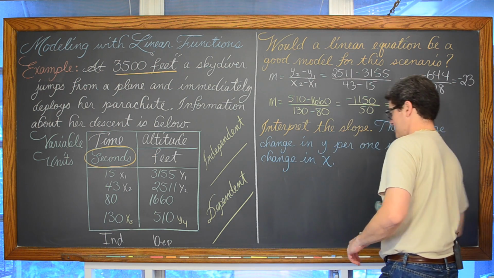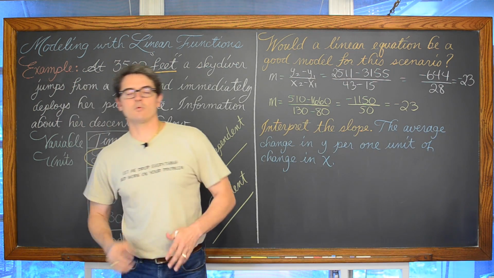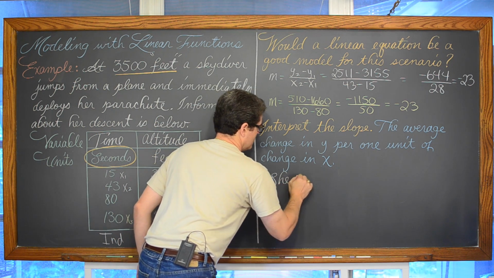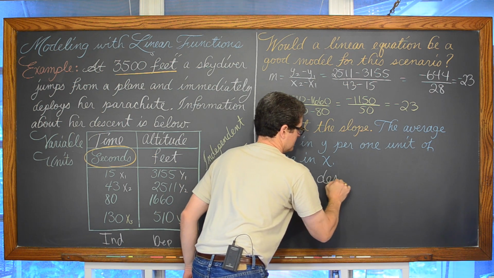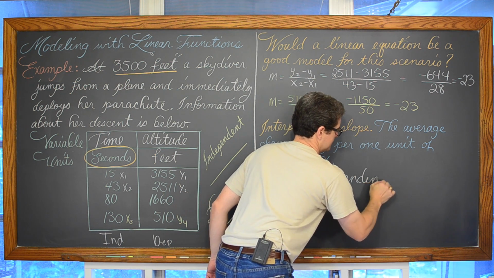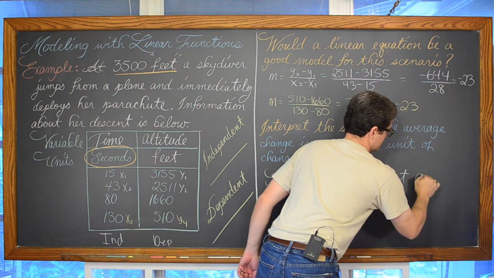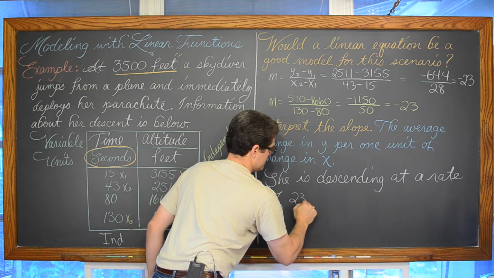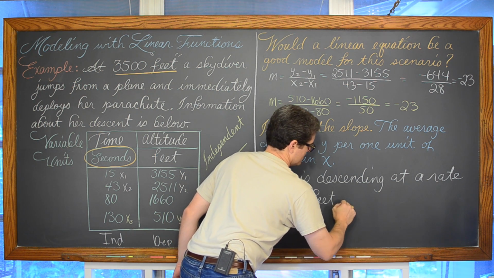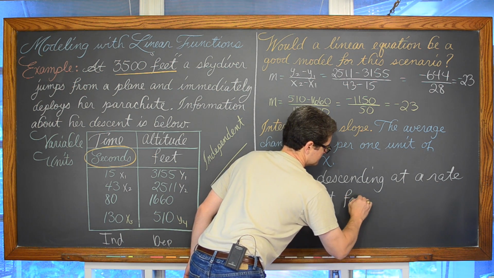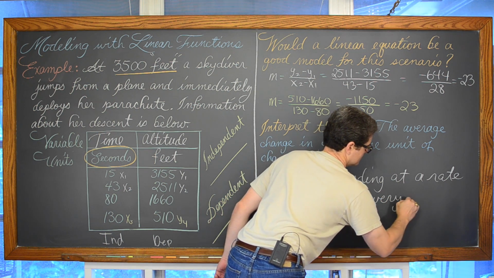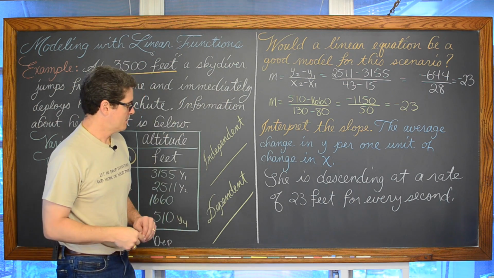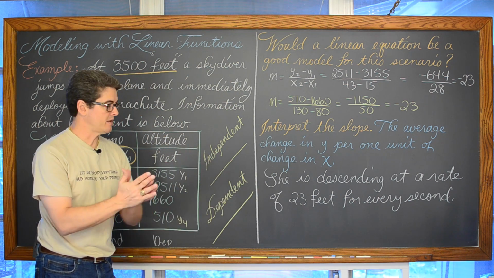So maybe we could say this: descending is sort of language for altitude is decreasing, so she is descending at a rate of 23 feet for every 1 second. Or just for every second, or per second would really be a little bit cleaner still. I just wanted to put slightly different language.